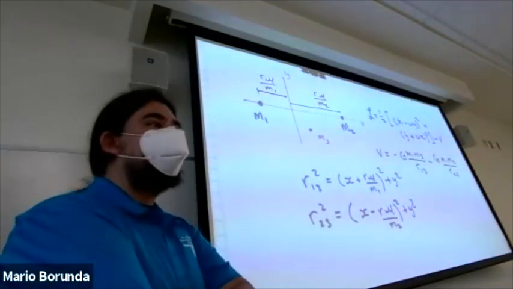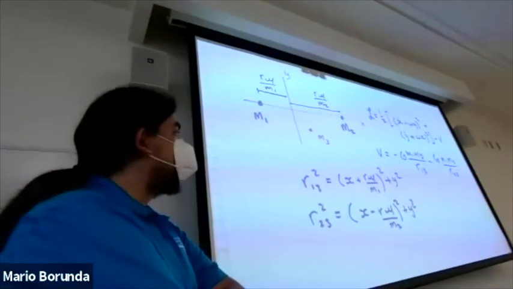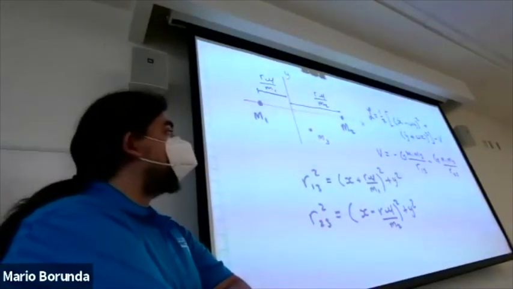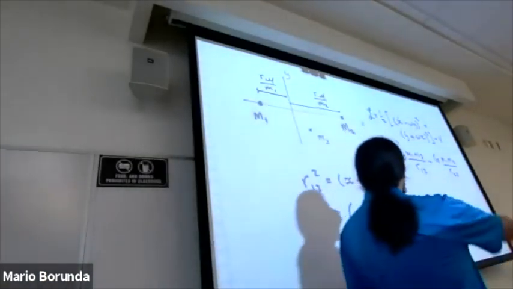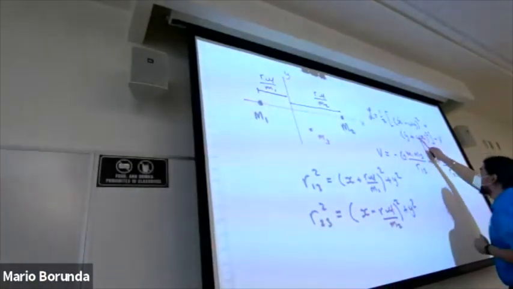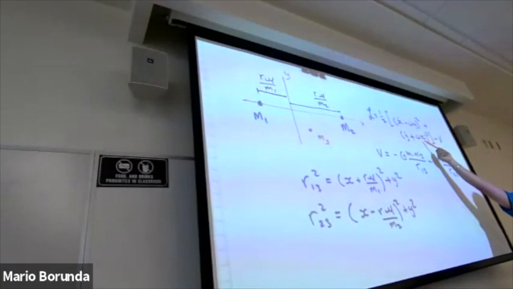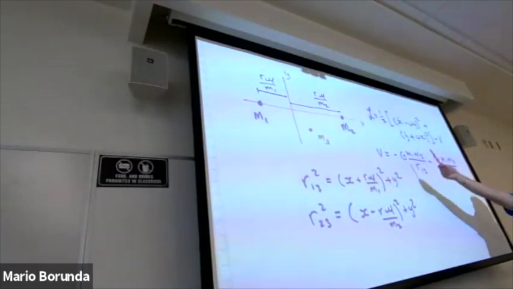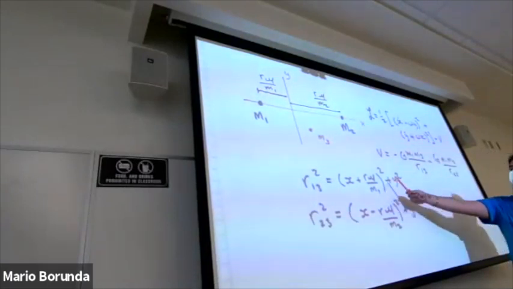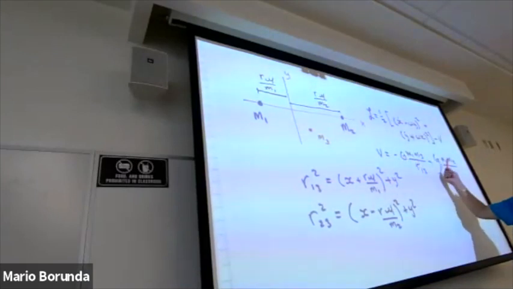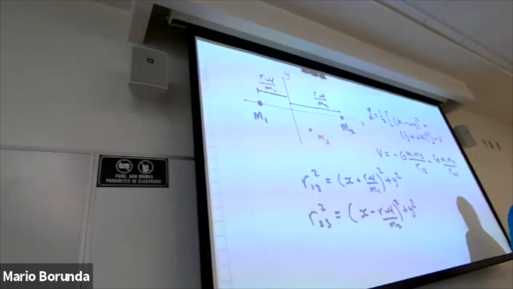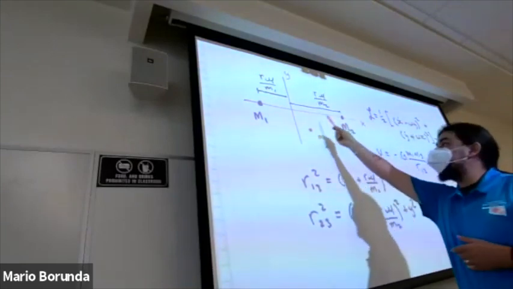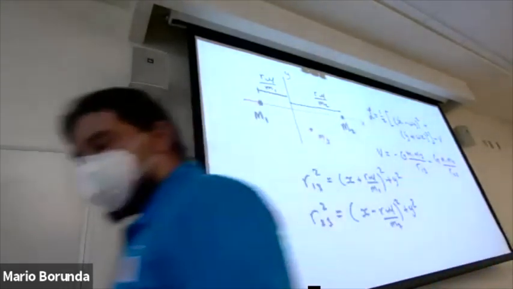Okay, so that's the setup for this problem. It looks complicated because we have the rotation of the mass string. But by putting this guy here, it's a constant and it's rotating there. We actually have a simple system to solve. And it's interacting with this guy and with this guy.